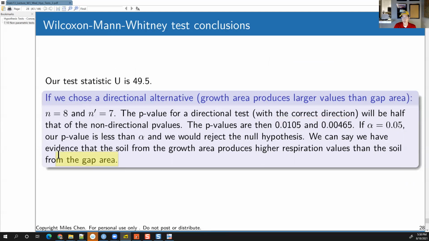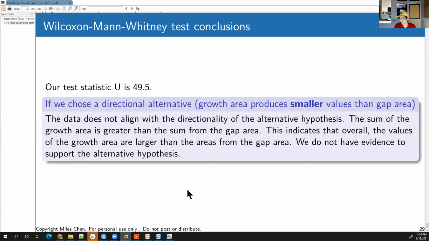And then it's a little bit strange to think about, but it is also possible that you have the wrong alternative, that the growth area produces smaller values than the gap area.